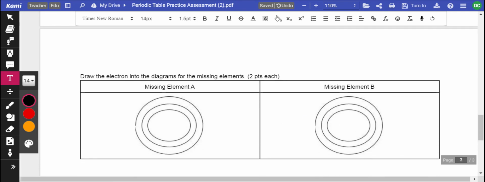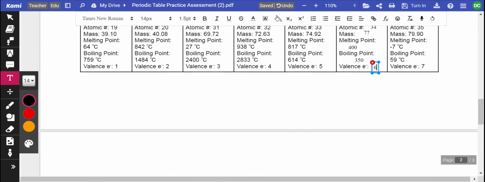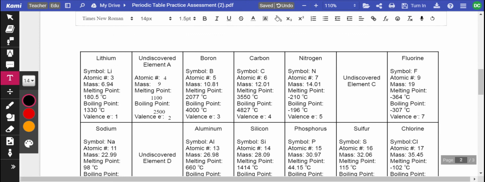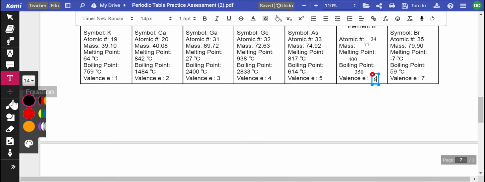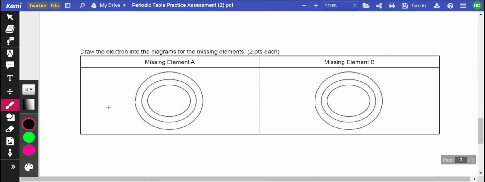Draw the electron diagrams of the missing elements. So missing element A. We go up and we see missing element A has atomic number 4, which means it has 4 protons. And because we are working with neutral atoms, it also has 4 electrons. So I'll need to draw in 4 electrons.